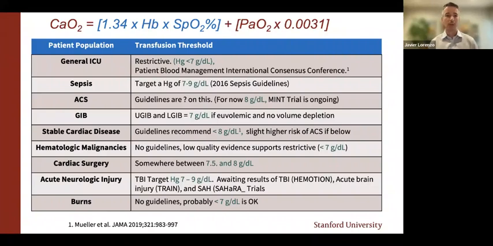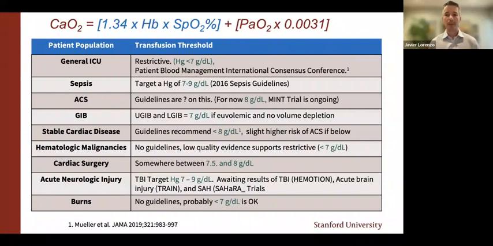Euvolemic anemia is actually well tolerated, assuming that your hemoglobin molecule is functioning well, your heart is functioning well, and you don't have any evidence of organ dysfunction. But here's a list of other disease processes. Some of these have ongoing clinical trials that will assess whether a different hemoglobin threshold is better than another.